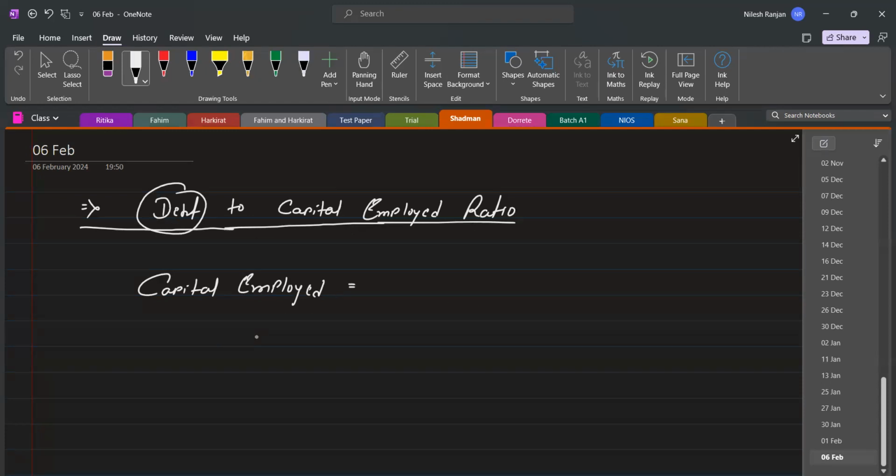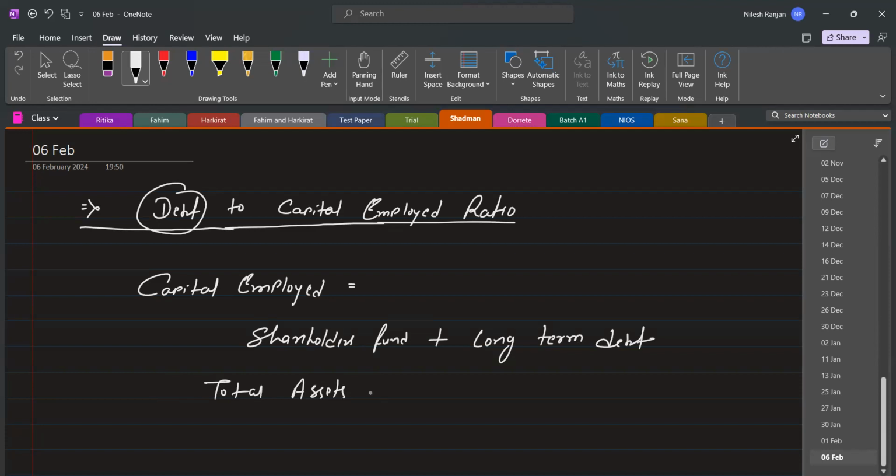So in liability side approach, you write shareholders fund, that is equity share capital, preferential capital, any reserves or undistributed profit, plus long-term debt. And as per the asset side approach, you write total asset, that is non-current assets plus current assets minus current liabilities.